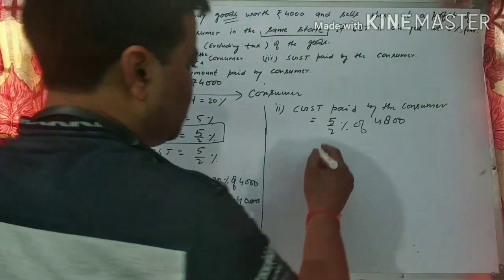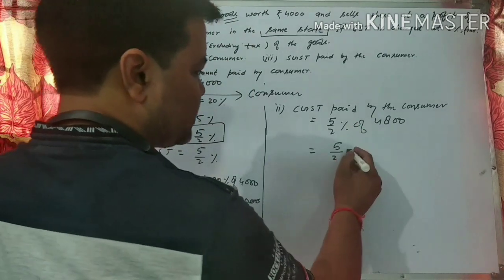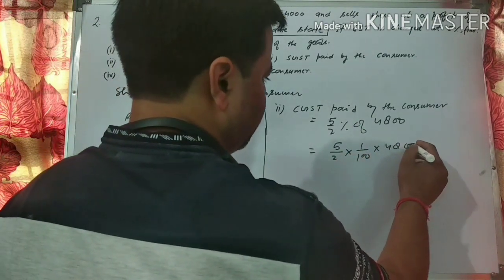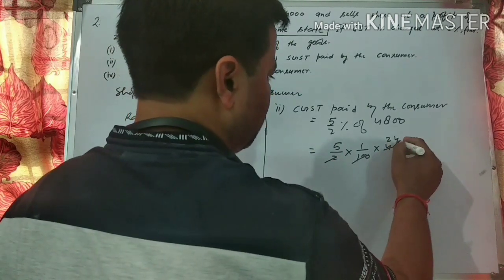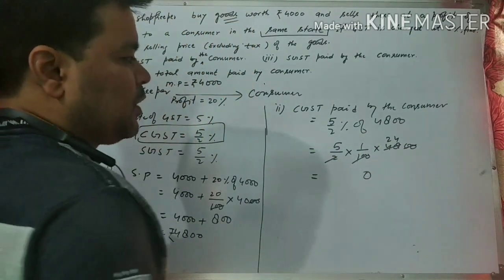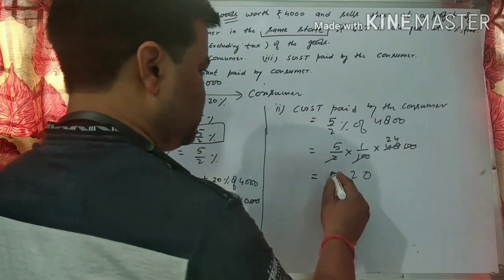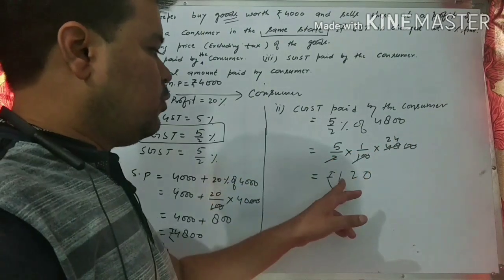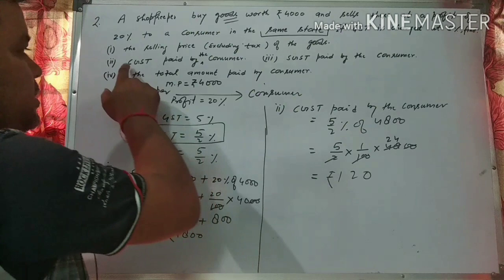Now 5/2, and in place of percentage what do we write? 1/100 into 48. Okay, this is cancelled, and 2 into 2. Now 5 4s are 20, carry 2, and 5 2s are 10, plus 2, that is 120 rupees. Means the consumer has to pay 120 rupees as CGST.